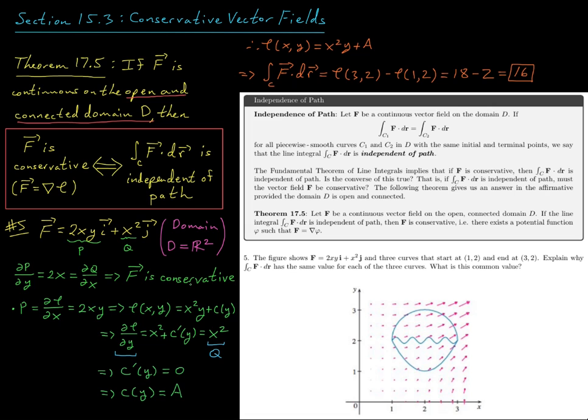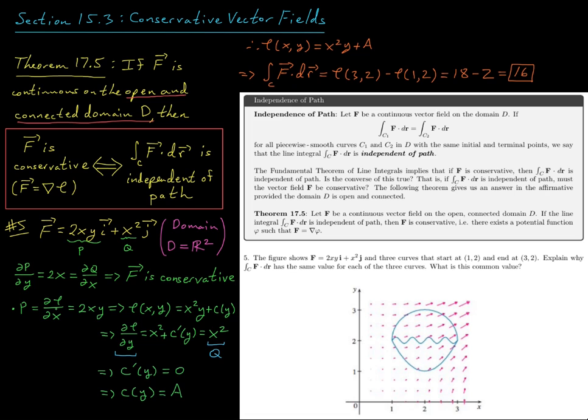Okay, so now we've got to go about finding the potential function phi. So if I set f equal to the gradient of some function phi that I'm looking to find, then in particular that says the i component of the field f, so in other words 2xy, has to equal the i component of the gradient of phi, which is just the x derivative of phi.